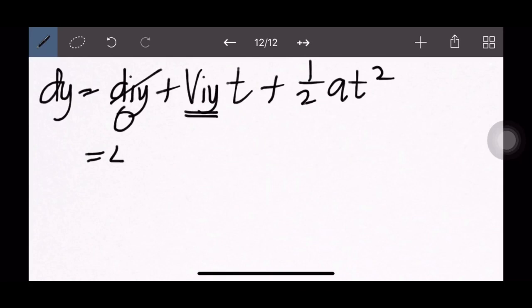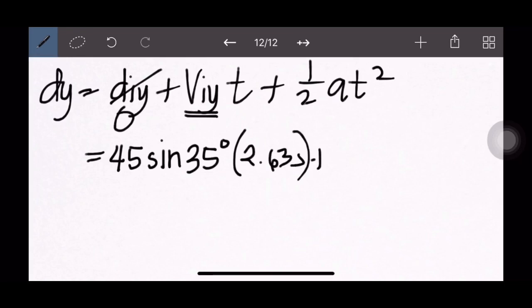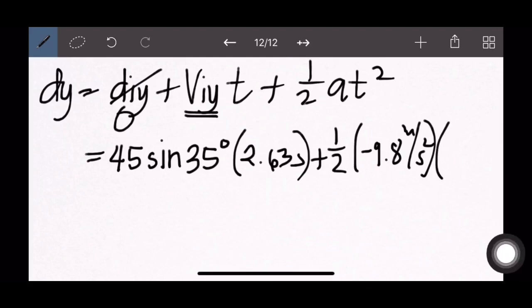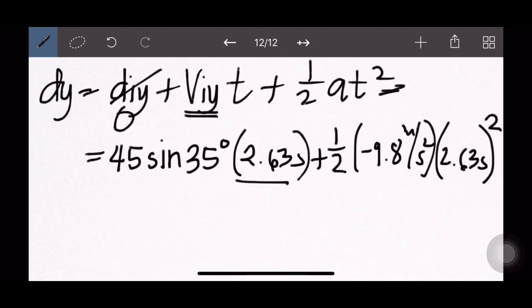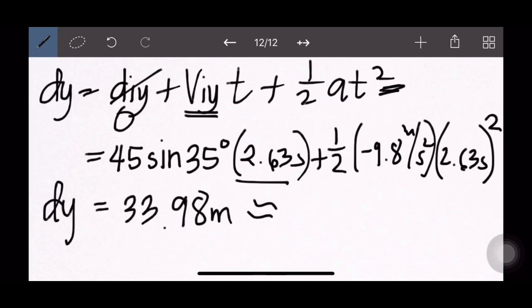From the initial condition, you have 45 sine theta, which is at 35 degrees, multiplied by the time that we also solved earlier, that's 2.63 seconds, plus 1/2 and then the acceleration due to Earth's gravity, that's negative 9.8 meters per second squared, multiplied by the time, same also, 2.63 seconds and then squared. Don't forget the square, okay? So if you compute everything, you will get the value of 33.98 meters. So if you round it off, you'll get 34.0 meters.